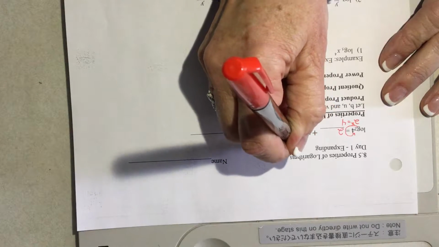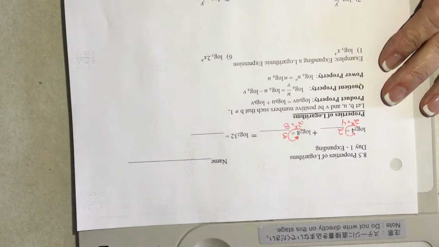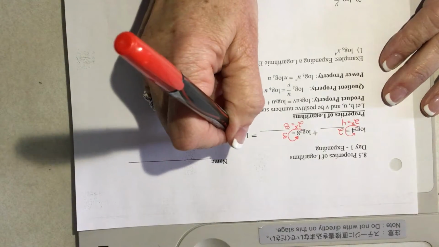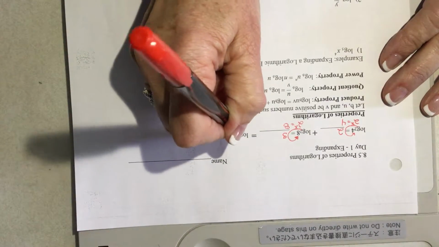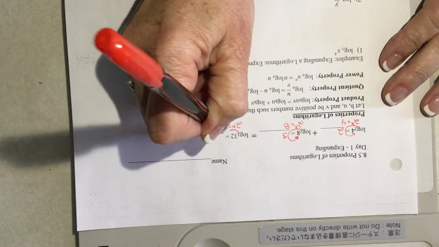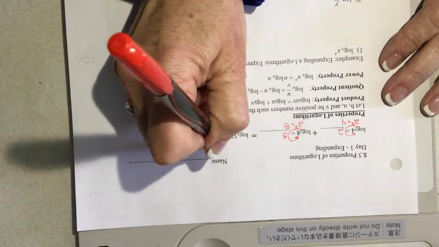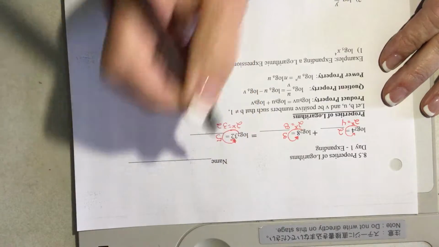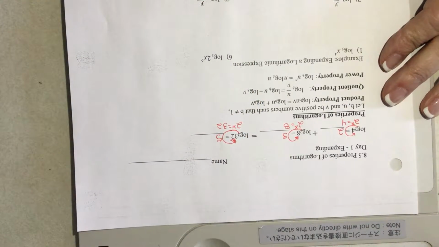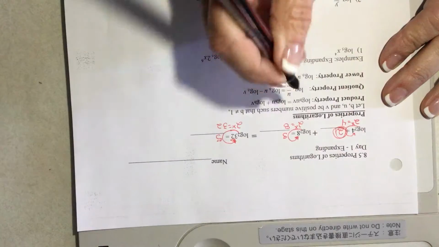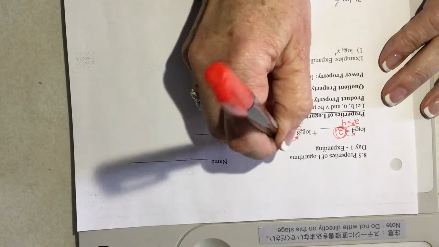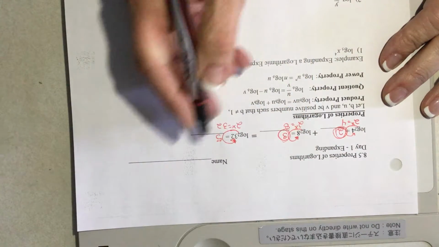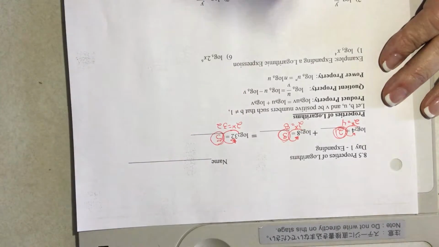Because 2 cubed is 8. 2 times 2 times 2 is 8. And then here, 2 to what power is 32? Perfect. 2 to the 5th power is 32. Now watch here. 2 plus 3 equals, is that a true statement?